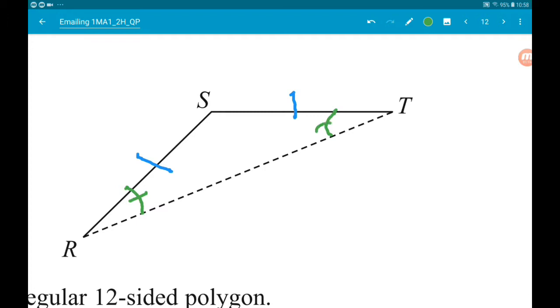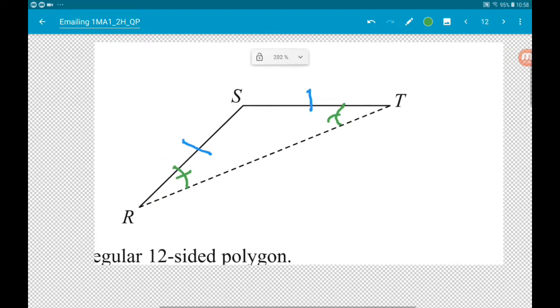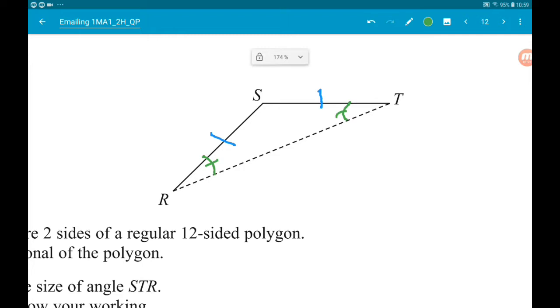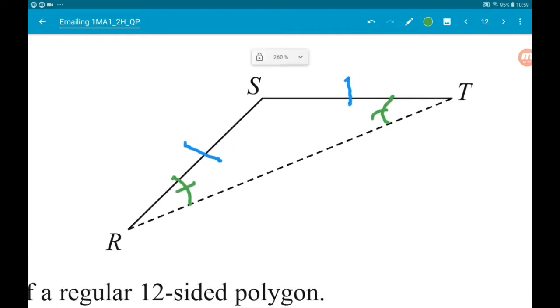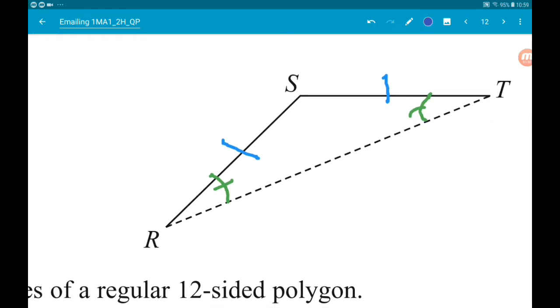Okay, so where do we start with this? Well, we need to be thinking in terms of polygons. So, what we can do is, if we extend this top line, then the angle between that dotted line and the next side of the shape is what we call an exterior angle.